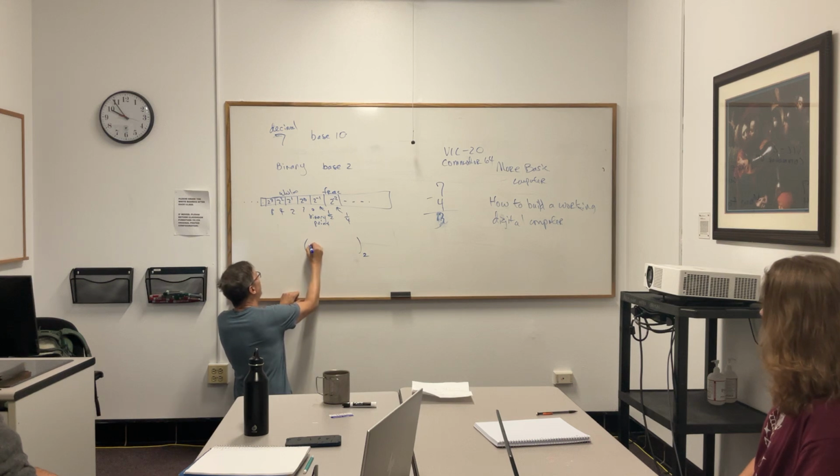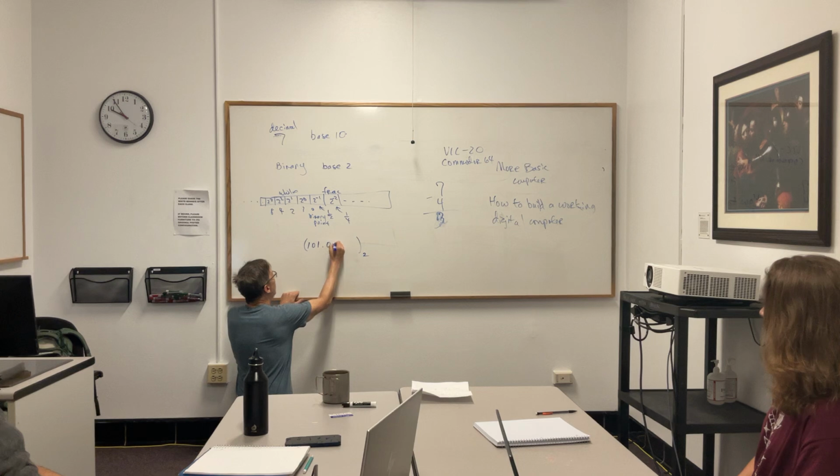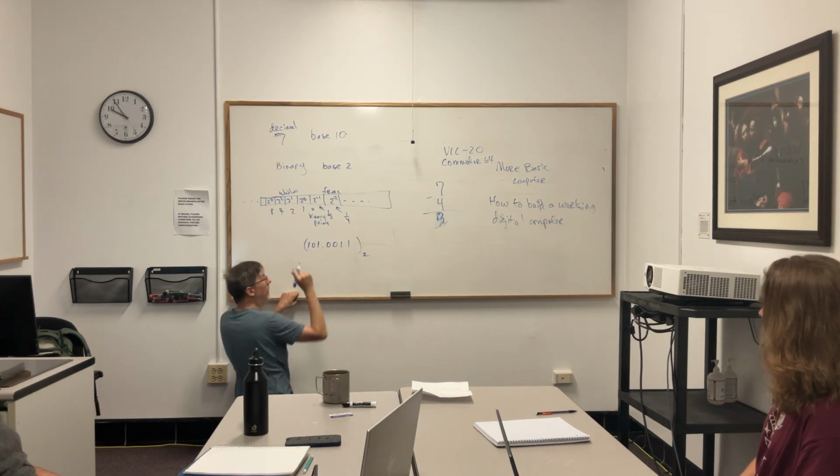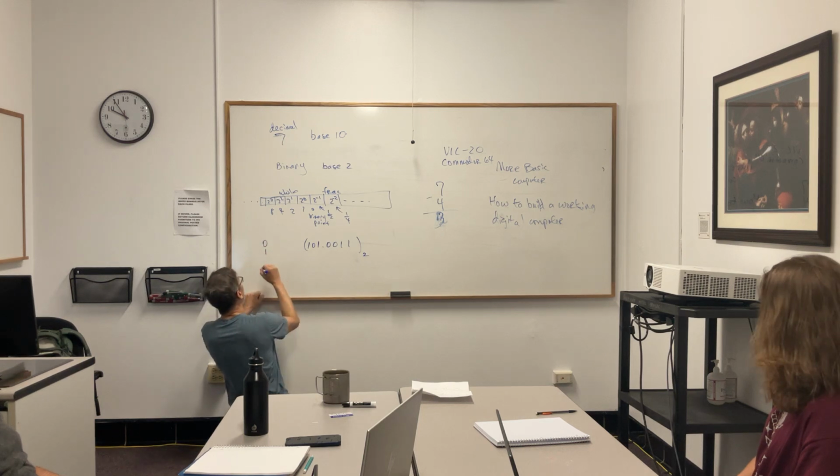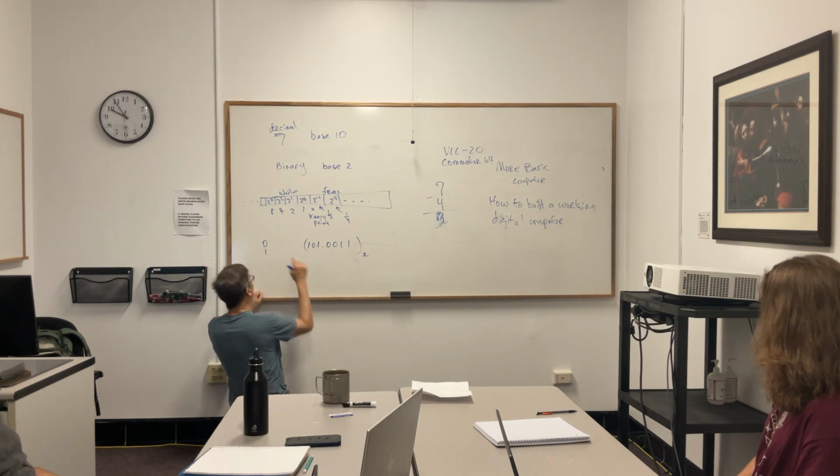So if I write, for example, 101, and then I put 0011, notice there's no digits other than 0 and 1. That's all I got, off or on.